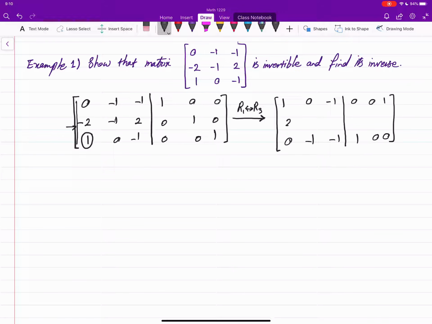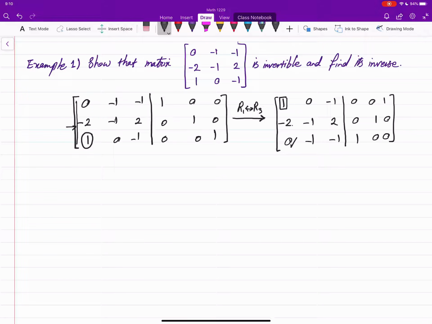Row 2, we don't touch it. Now this is in a good place. It is 1, so that's our first leading one. We have to use it and make everything else 0 in that column.